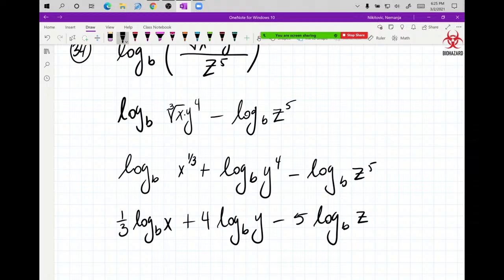You don't have them combined in any way. You don't have any exponents on them. So we go all the way down to the base variable. And once you have that, then you know that your expansion was done and complete.